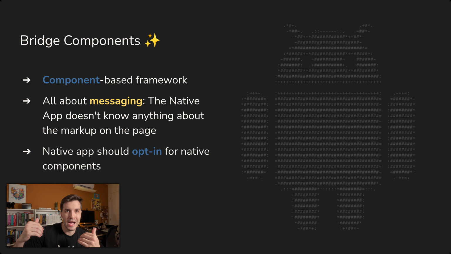So we don't have to run any JavaScript from the native side. We just have to listen to messages and reply back to those messages after we did the native side of it. And it's also opt-in.